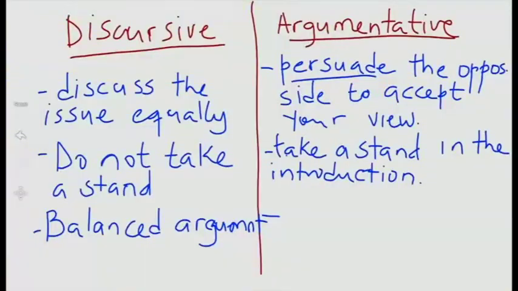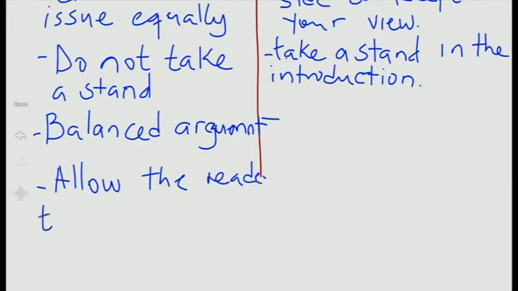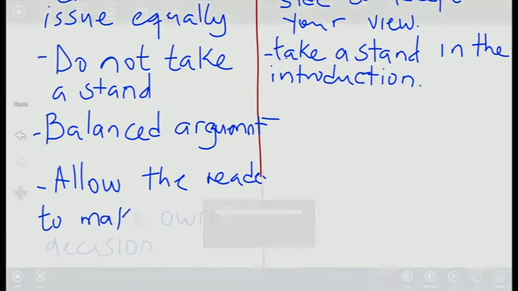And then here, further, if you explore both sides of the argument equally, then that means you allow the reader to make his own decision regarding that particular topic, which means that you do not in any way or form try to influence the reader's thinking.